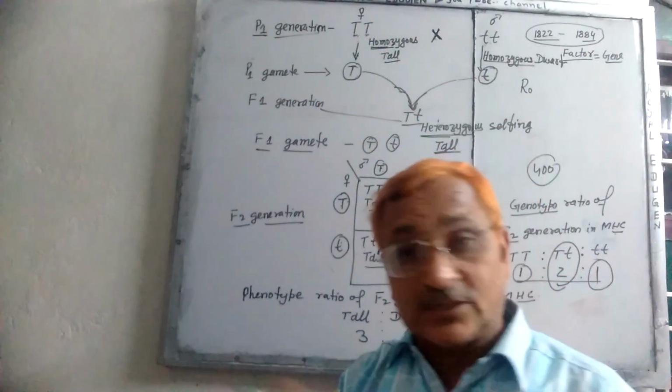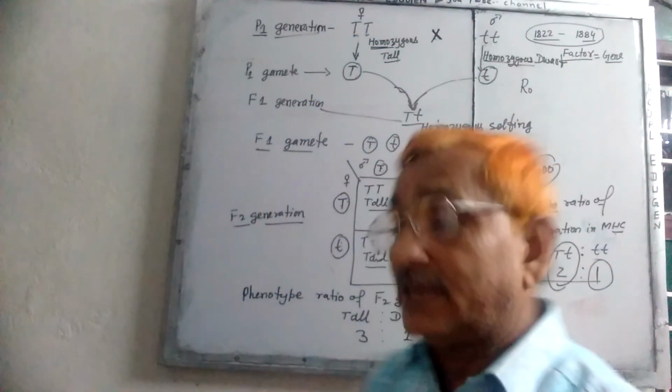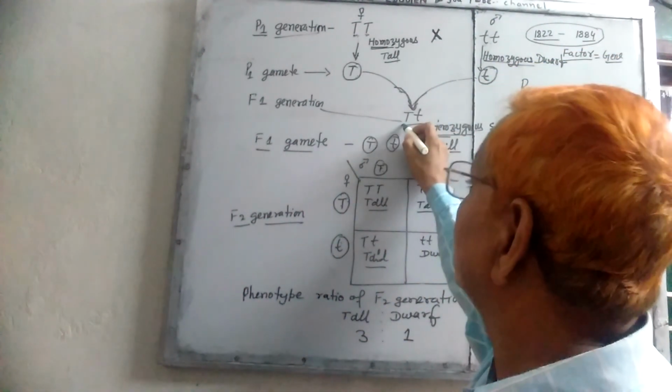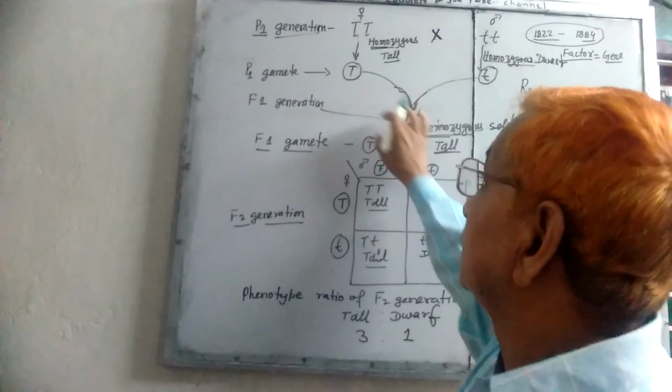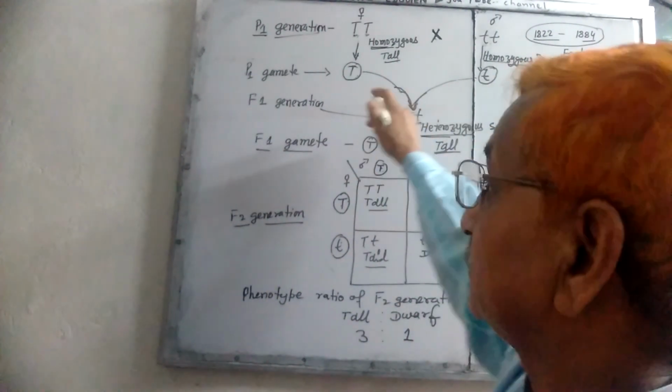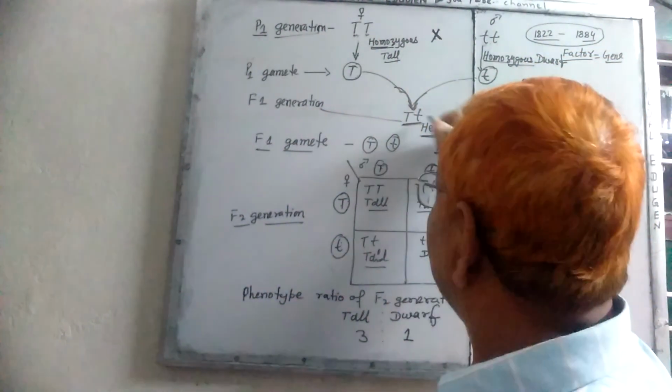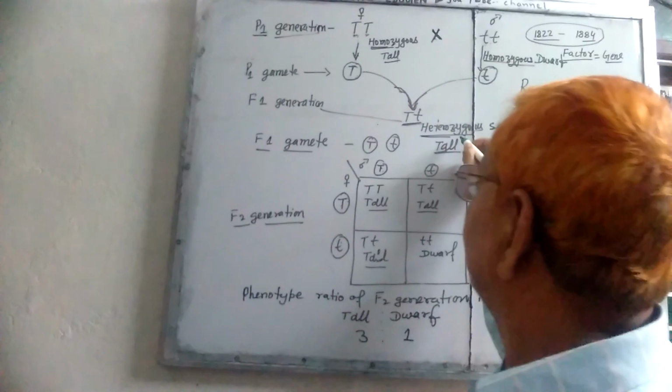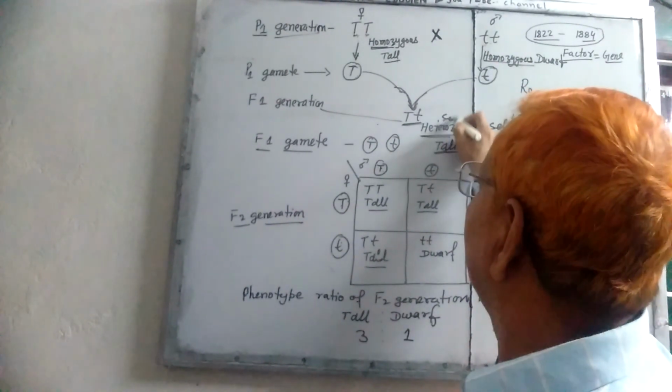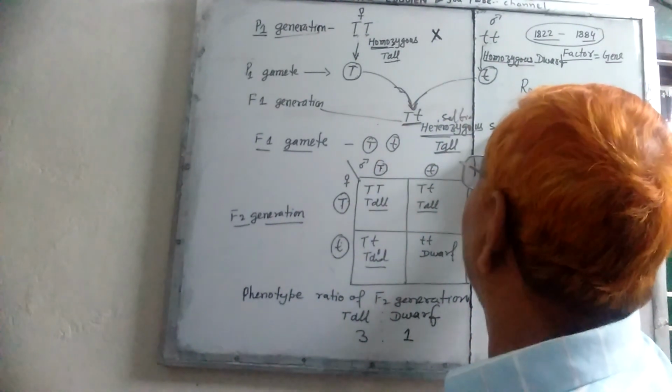Unlike our expectation that it should be an intermediate type, it was found to be totally tall, like the dominant parent. Now when this F1 was selfed, we write selfing here.